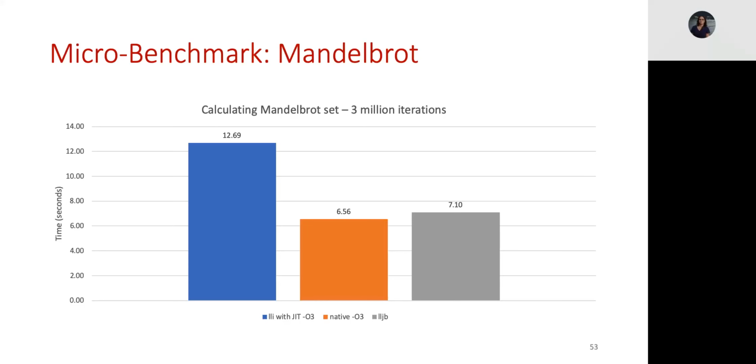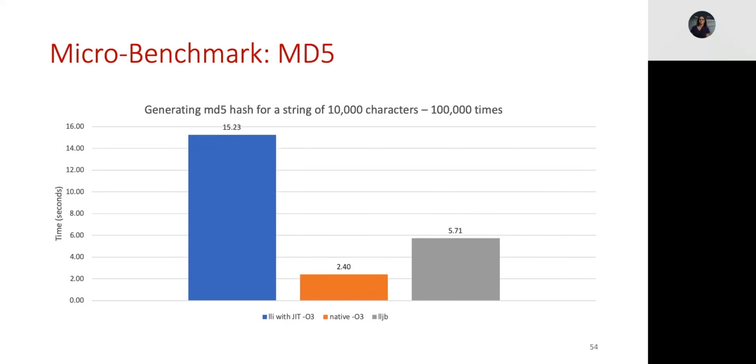short amount of time. And then the next benchmark we used was generating the MD5 hash of a string of 10,000 characters, done 100,000 times so that I could get a significant enough workload to do any kind of measurement.